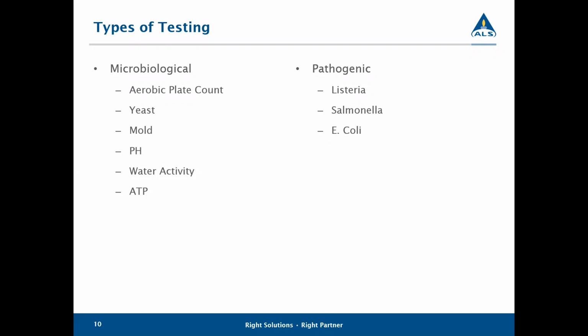Essentially, all these pathogenic bacteria are ubiquitous in the environment. So it's really important that you have a total plan in place that handles everything from what to do when you find it to how to eradicate it in your plant.